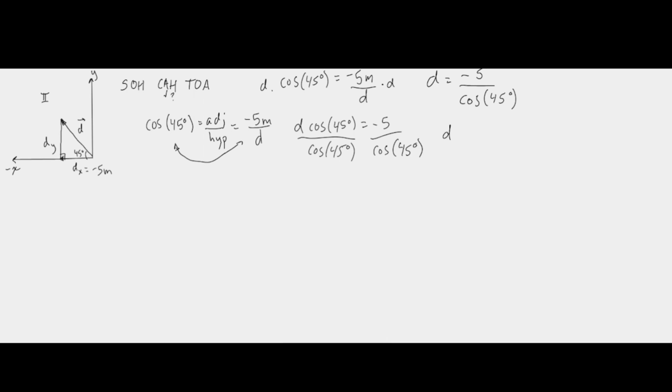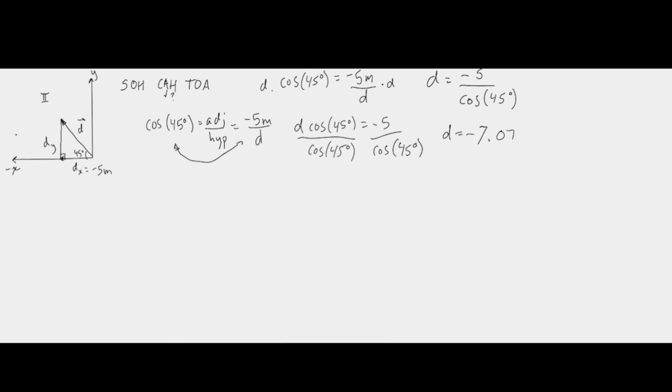And the value I get, d, is equal to -7.07, rounding to 2 decimal places. If I leave out the negative sign, then it's just positive 7.07. So again, if you don't put your negative sign in the calculator, you still have to look at quadrant 2 and determine what is the sign of your vector.